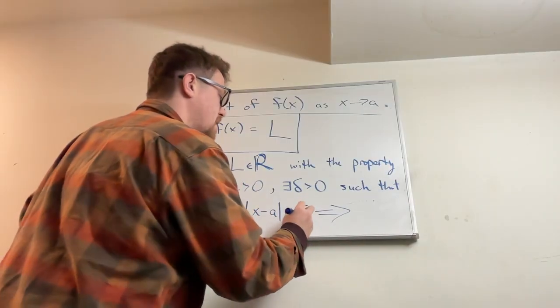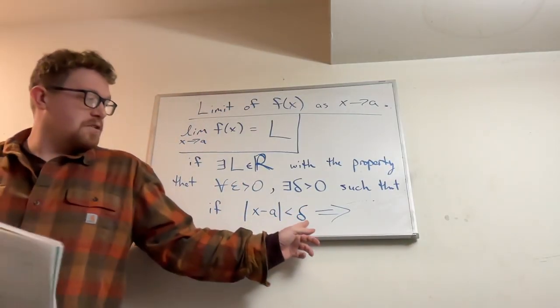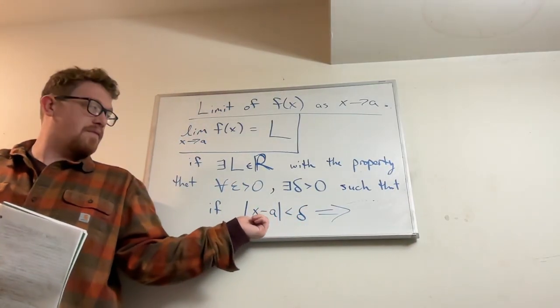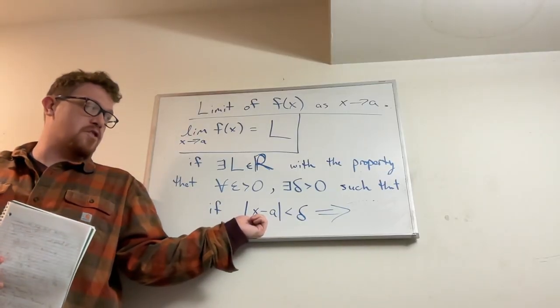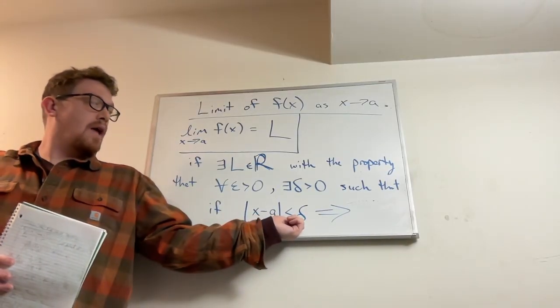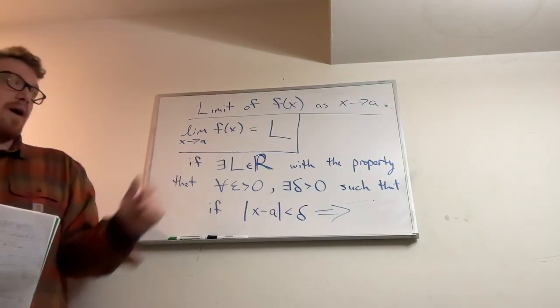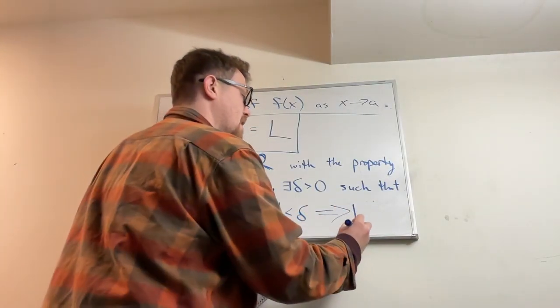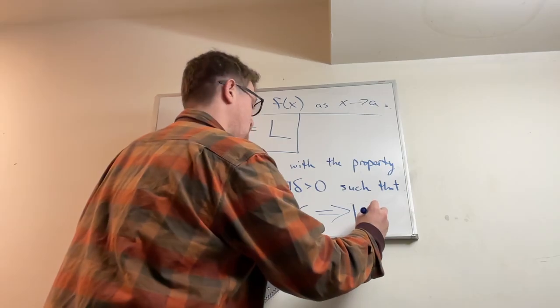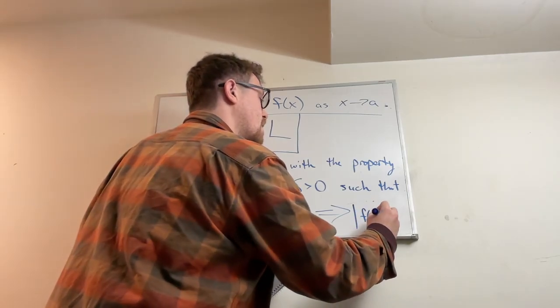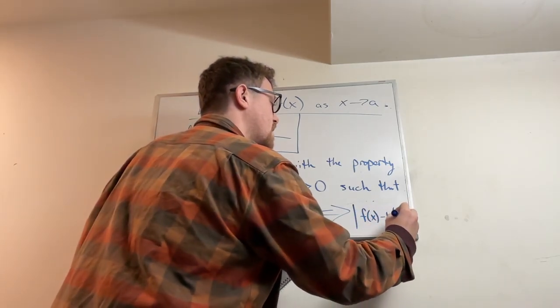Delta is for the domain. So if I'm delta close to a from the x variable, so if x is really close to a, then I'm always within epsilon distance of L for the output, which means that the absolute value of f of x minus L is less than epsilon.